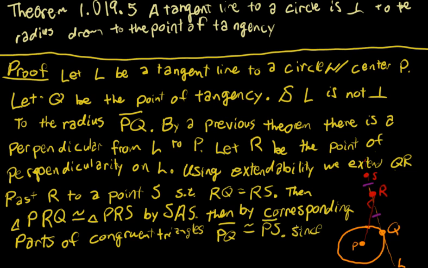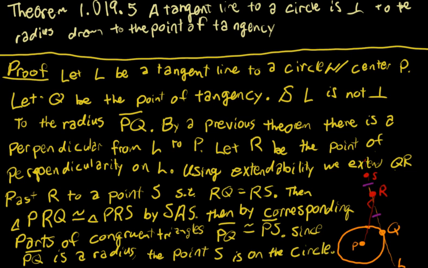Well, then we can say, since PQ is a radius, the point S is on the circle.